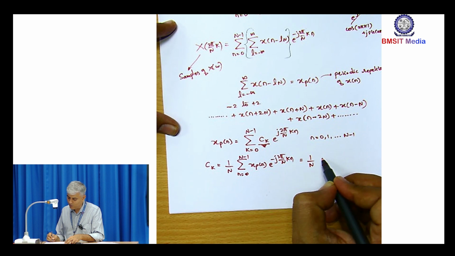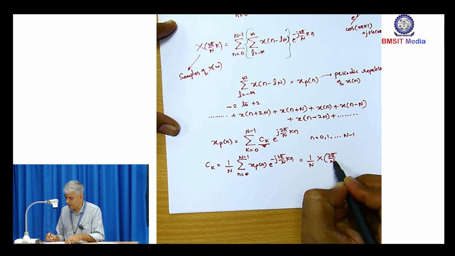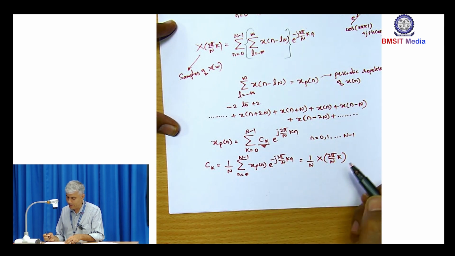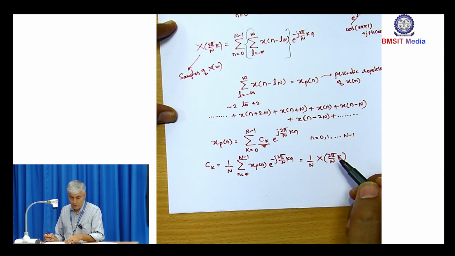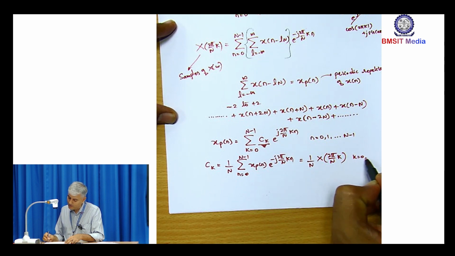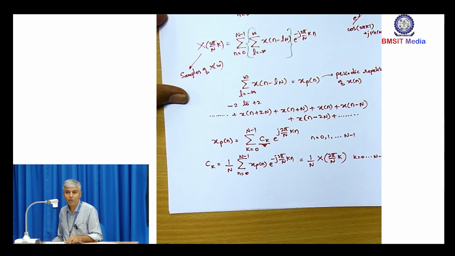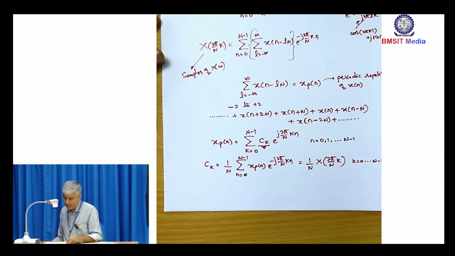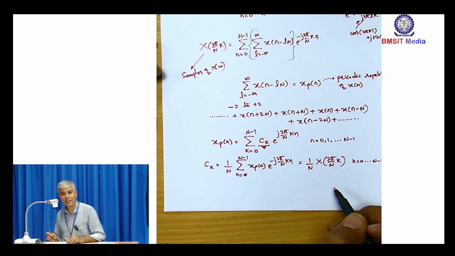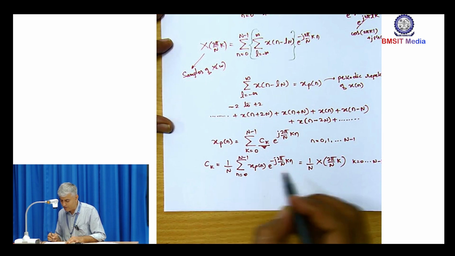So I can write 1 by n into x of 2 pi by n k, for k equal to 0 to n minus 1. So ck, the Fourier coefficients, can be obtained if samples of the Fourier domain representation are available. That is very clearly evident.